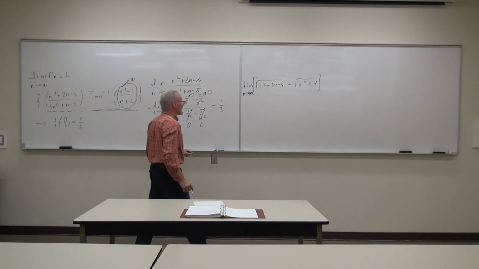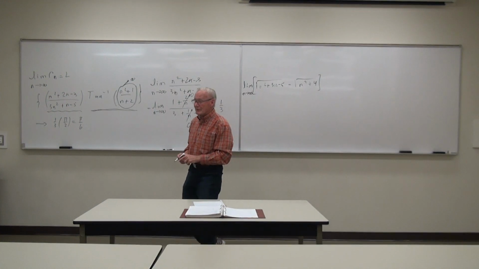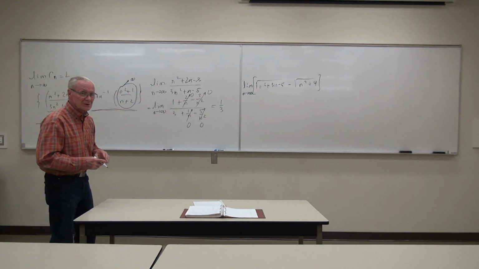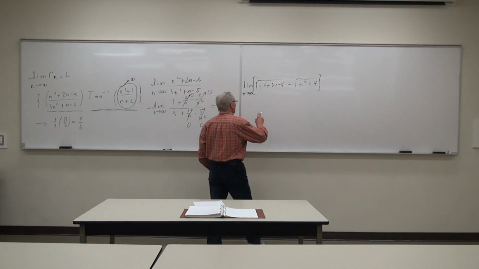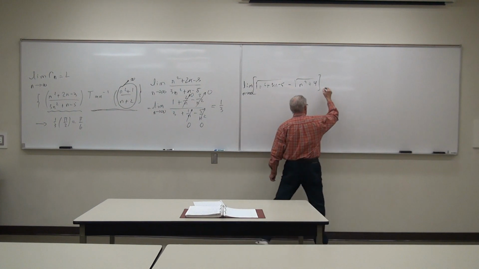Well, you did this kind of limit in first year, and you may recall that the trick was to rationalize that expression. That is, multiply the top and the bottom by exactly the same thing, but put in a plus sign instead.